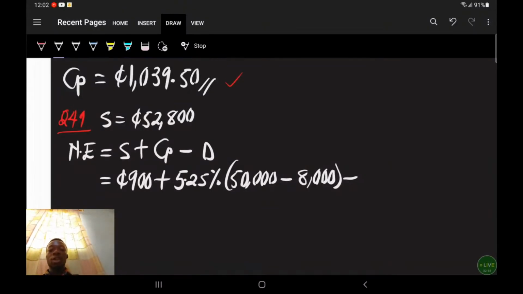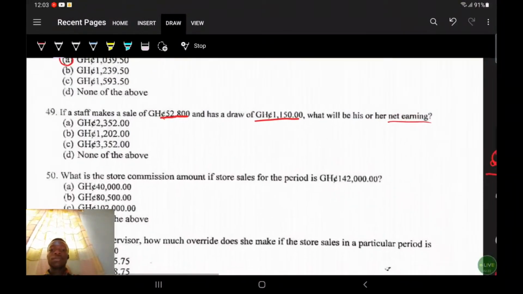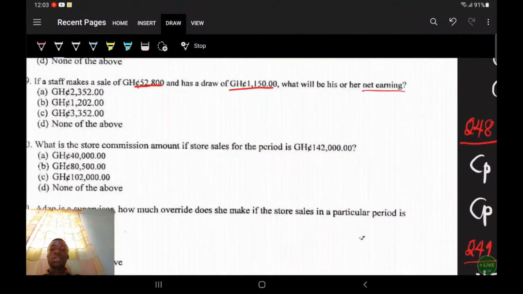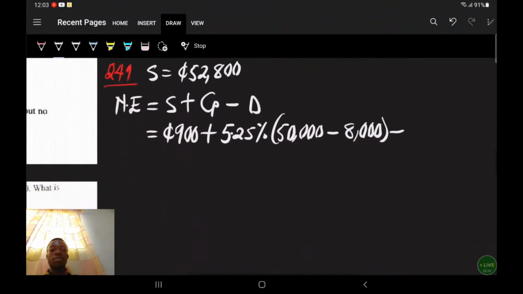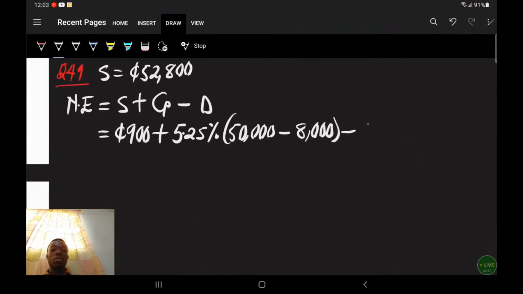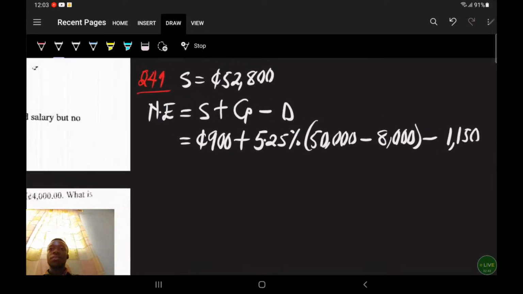So that's 5.25%. And then we also have a draw of 1,150. So let's have that one also here, 1,150. So at the end of the day, I'm coming.